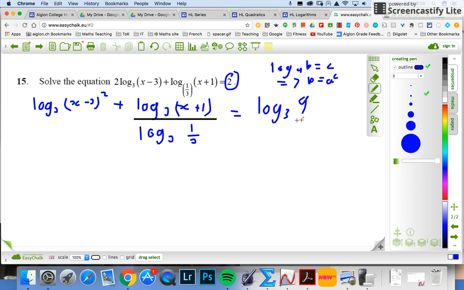It can be written as log base 3 of 9. Now, log base 3 of a third, I can work out what that is. That works out to be minus 1, and that's using the same log rule there. So this is now minus 1.